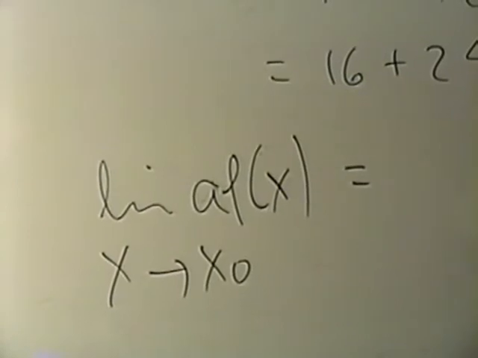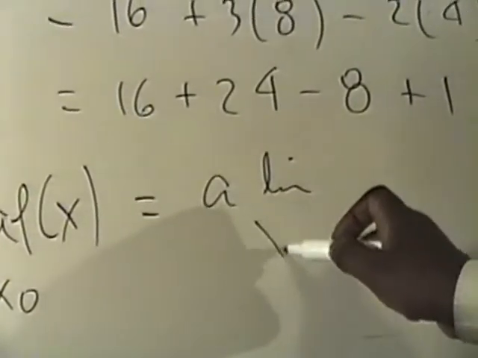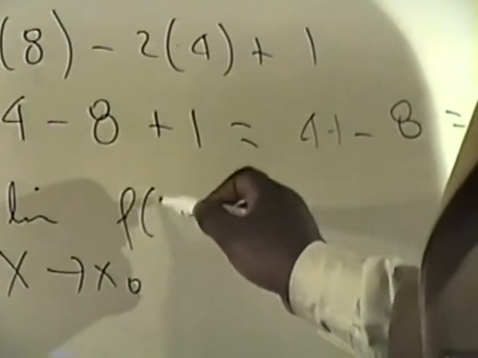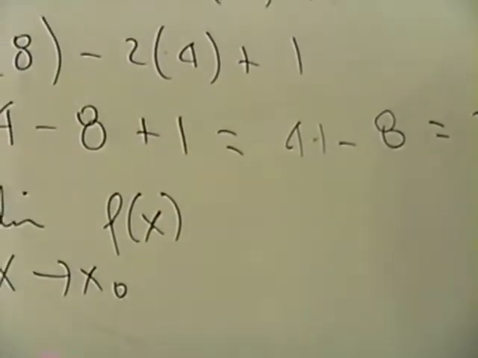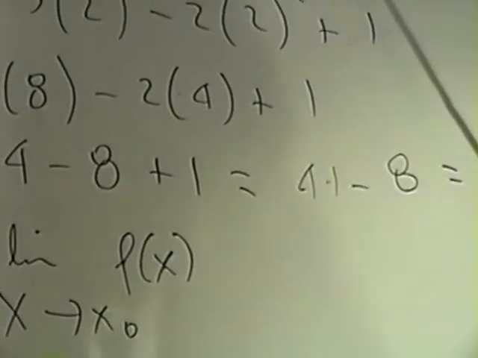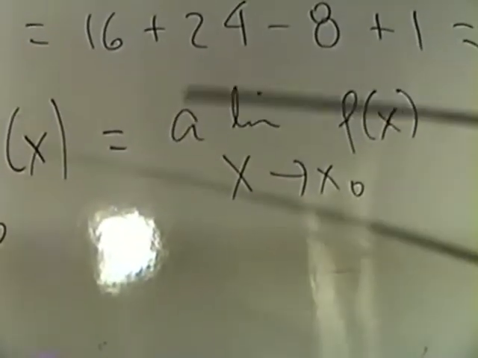So the limit of that is equal to a times the limit as x approaches x sub 0 of f of x. That is exactly what we did right here, like in this case, 3 times x to the third power. So the limit of 3 times x to the third power as x approaches any particular point x sub 0 will be solved like this, which we did already previously.